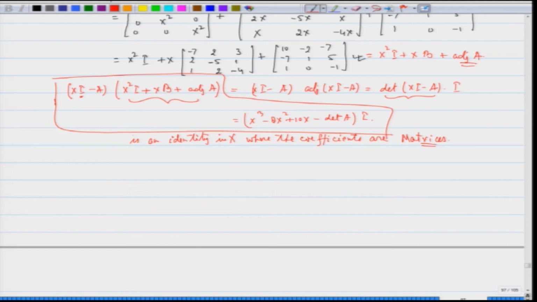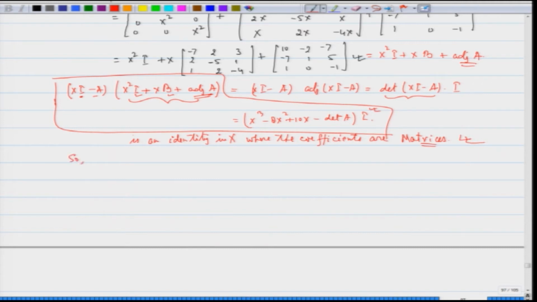I have matrix I here, A here, identity B and A, and the adjoint of A is again a matrix. Here also I can think of this as x cube times identity. So, the coefficient of x cube is identity, the coefficient of 8x square is also minus I, the coefficient of 10x is identity, and there is a constant term which is minus determinant of A. So, it is again an identity as far as matrix identity is concerned.